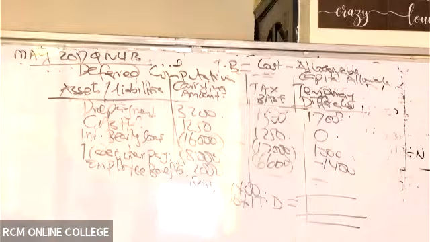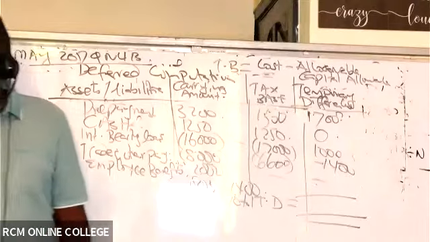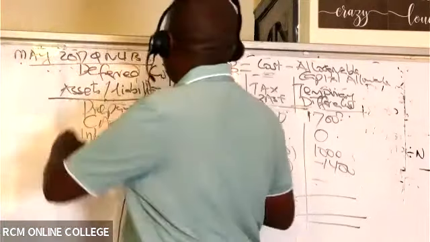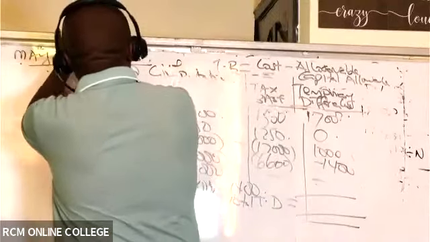According to Nancy J, the total temporary difference is 10,650. So Nancy has been able to get that 10,650. How about the other students? Positive Longoli, 10,650. Positive, yes.